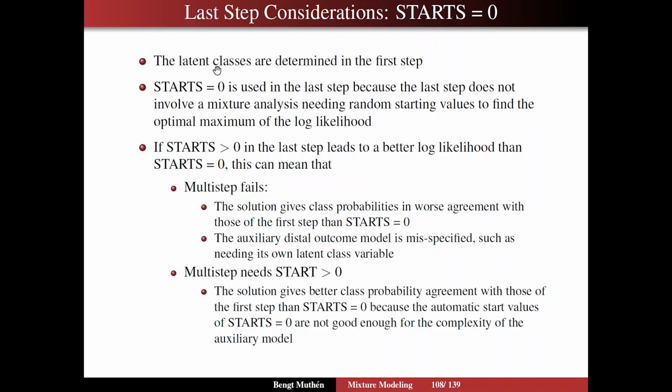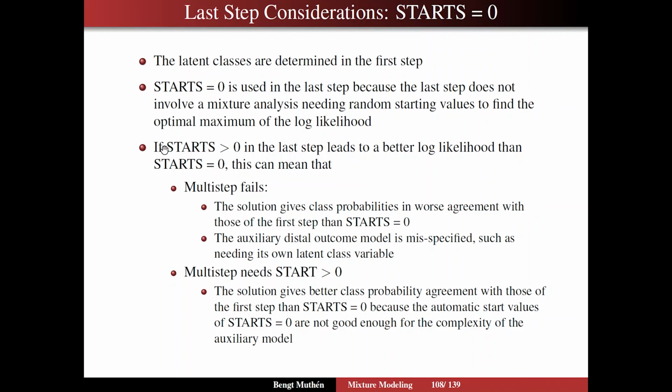And that is used because the latent classes are really determined in the first step in the measurement model. Starts equals 0 in the last step is used because the last step does not really involve a mixture analysis anymore that would need random starting values to find the optimal maximum of the log likelihood. We've already decided on the mixture model.